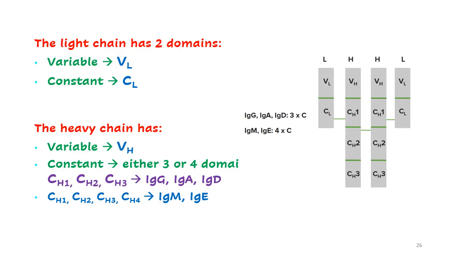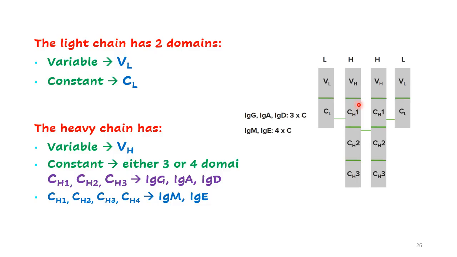So let's see here the pieces of your antibodies. You have light and heavy. Your light chain has a variable region and 1 constant region. You call the variable region of your light chain VL and the constant region CL. Now when you look at the heavy chain, you have 1 variable region per chain and then several constant regions. Depending on the type of antibody, you're going to have either 3 or 4 constant regions.